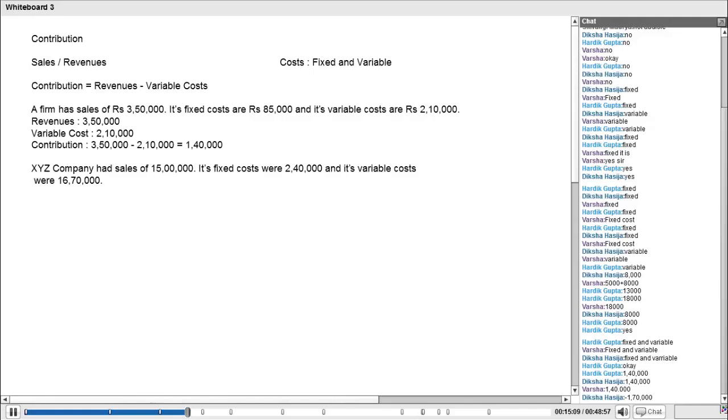So he sold 15,000 bags, and each bag had a value of 240. So this is the revenue. Yes, Varsha? Minus the variable cost, which is the cost of wheat plus the cost of grinding.